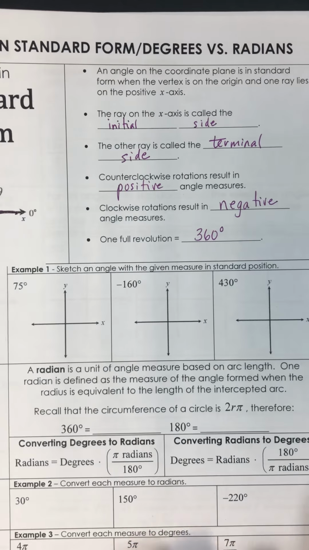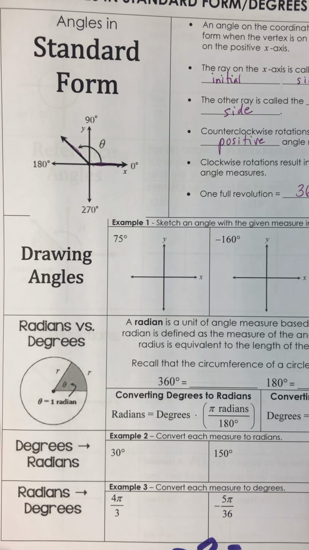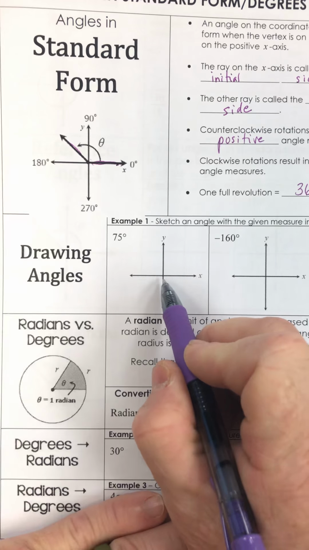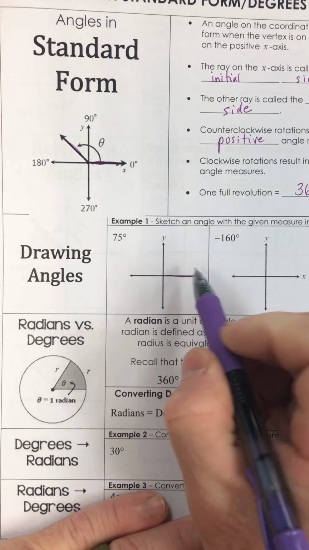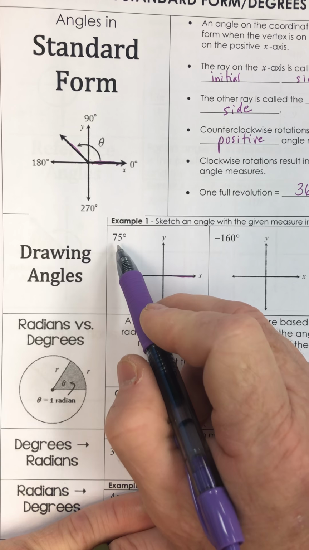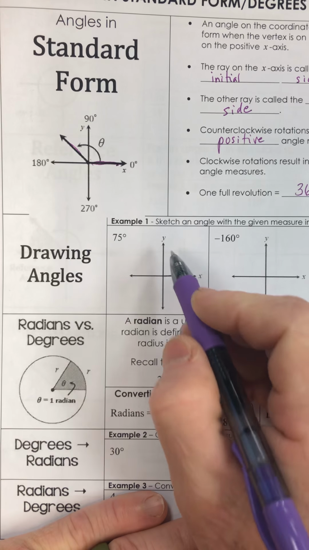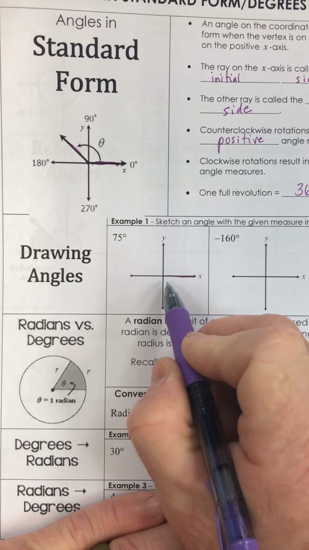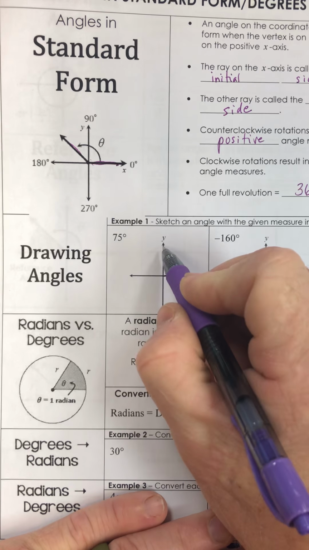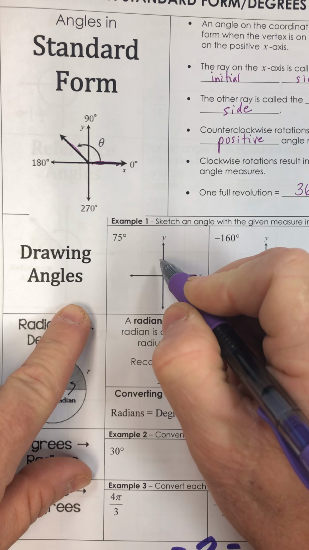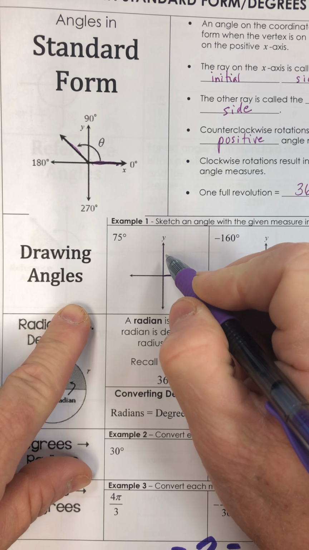Okay. So now when we draw angles, we start at the initial side, and we have to have an understanding of degree measure. So 75 degrees, if I go from the initial side to this next y-axis, that's 90 degrees. So 75 is going to be less than that.